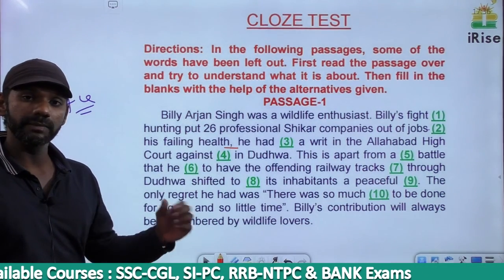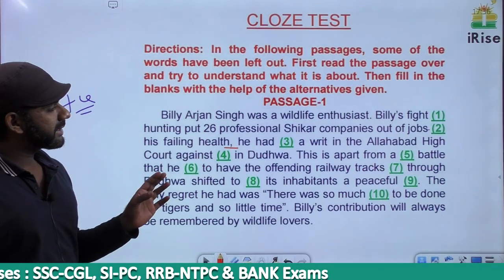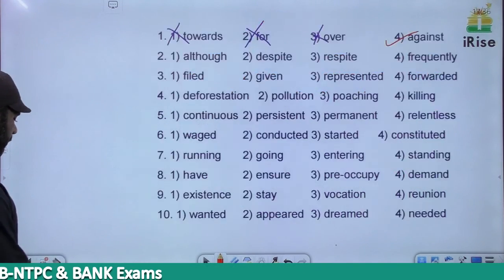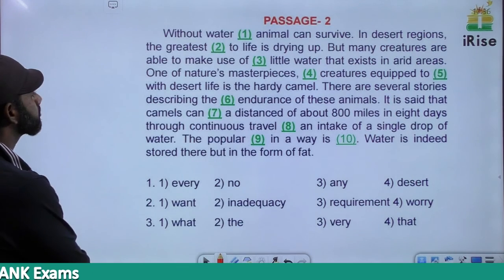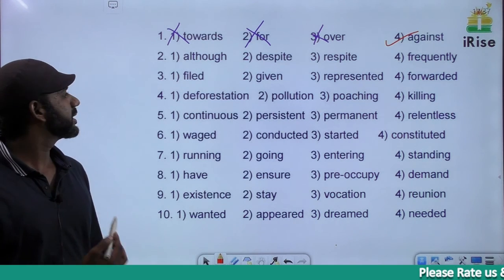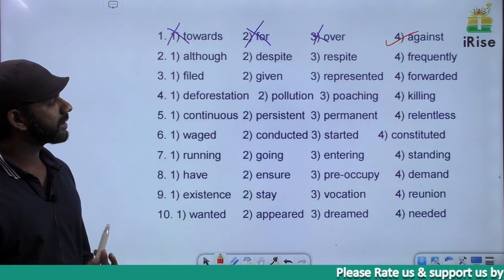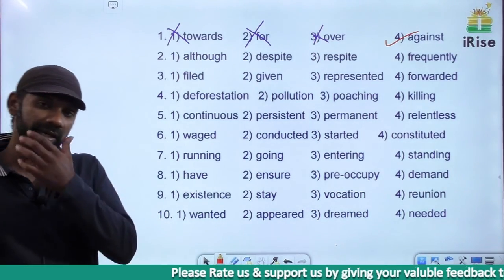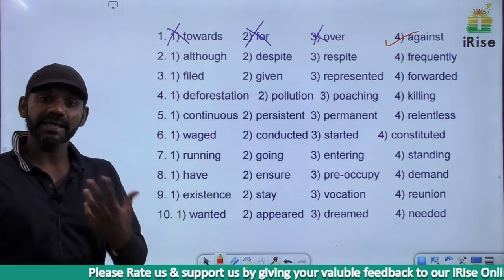Leave blank 2, come to blank 3. He had dashed a writ in the Allahabad High Court. Right? Now you find the options are filed, given, represented, forwarded. Writ in the sense of a case.